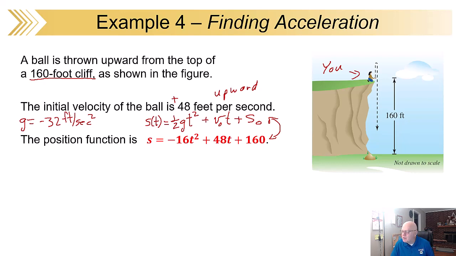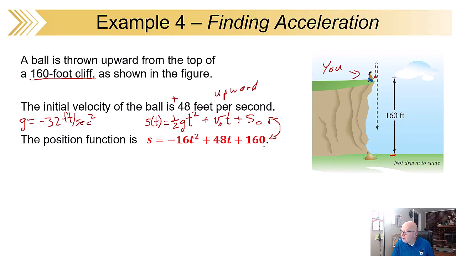This v sub 0 means how fast was the rock going at time 0. Well, it started out at 48 feet per second. Up. Positive. Positive means it was going upward to begin with. And this s0 means where was the rock when you let go of it? Well, it was 160 feet above the water.